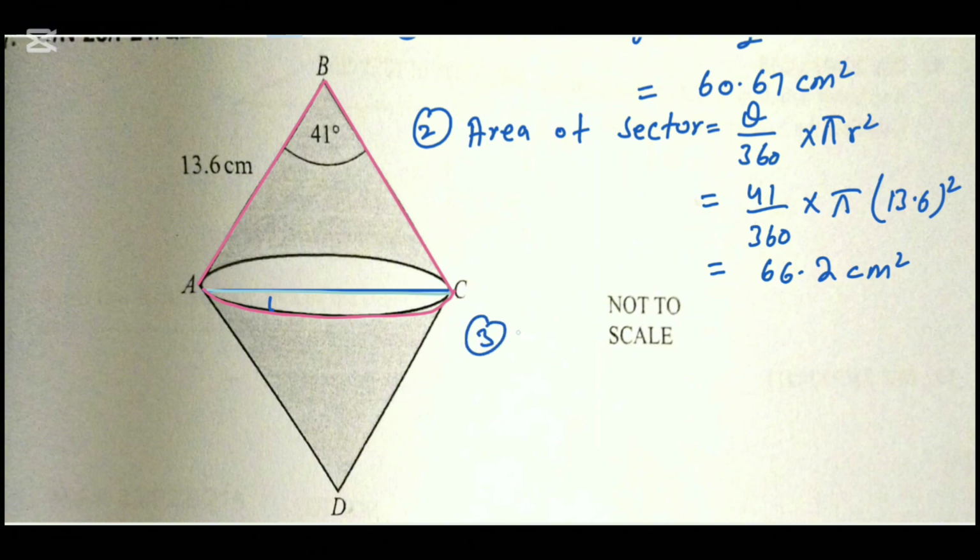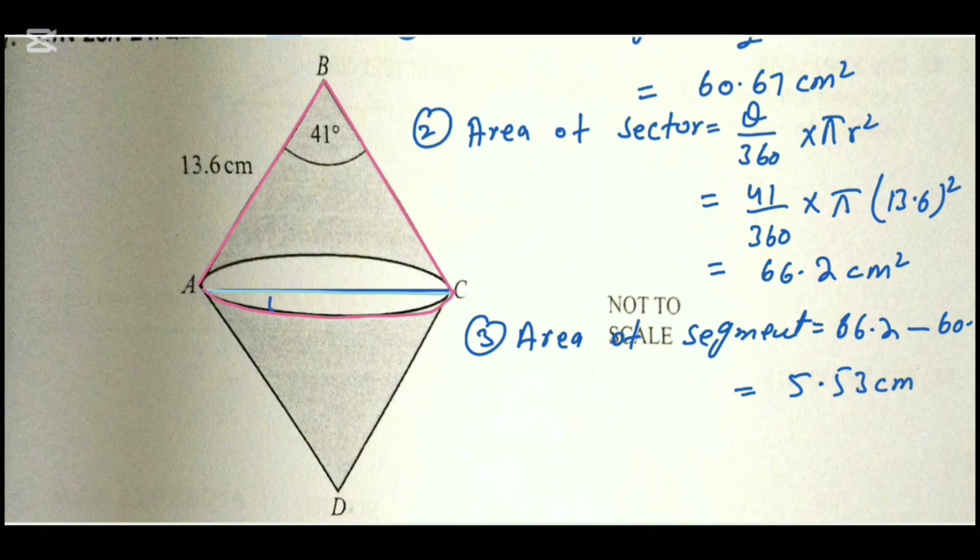So this is the way you will solve this question. The third thing is area of segment is equal to 66.2 minus 60.67. So that will be 5.53 centimeters square.